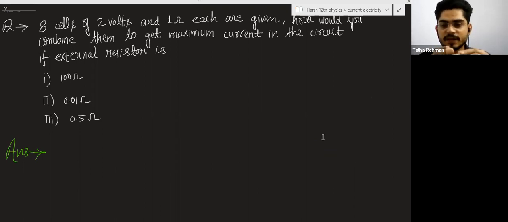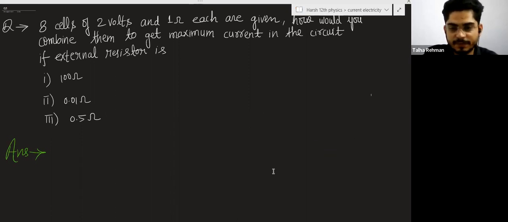And see specifically when the maximum current happens in all of these cases. I am giving you 3 minutes because I don't want you to solve this question without the concept. First you should know the things, then we will move forward. So take at least 2 minutes and revise that, and then I will solve this question.